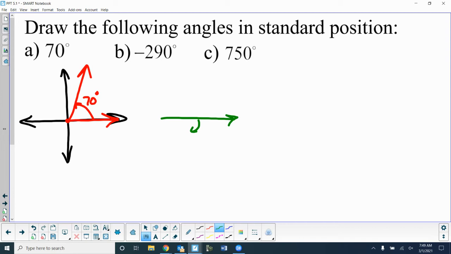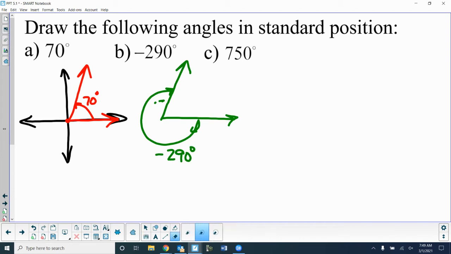So if I go straight down, I'm at 90, straight over at 180, straight up 270, it's a little past 270, so I'm going to go around till about there. And that's negative 290. What do you notice about those two? What do you notice about the red one and the green one?